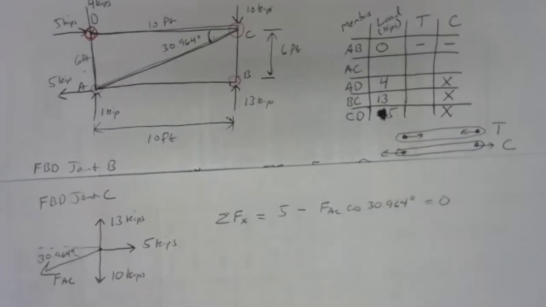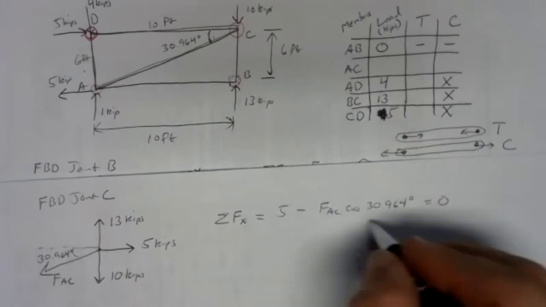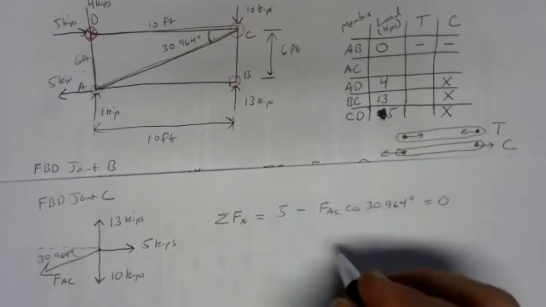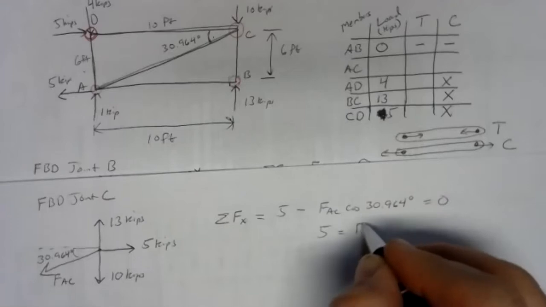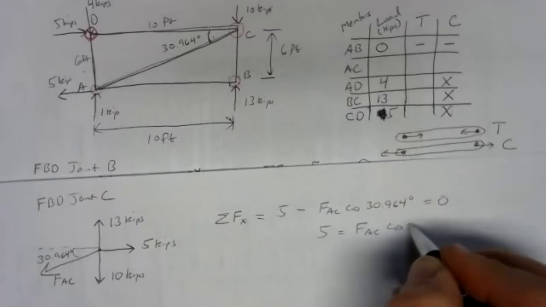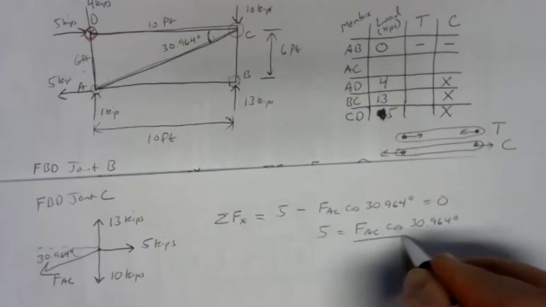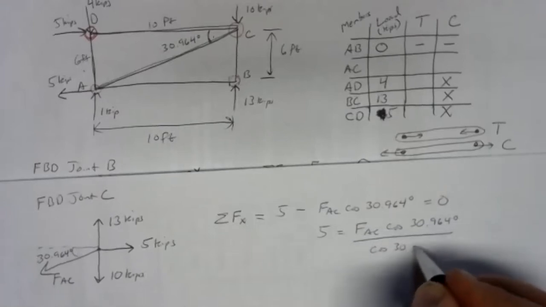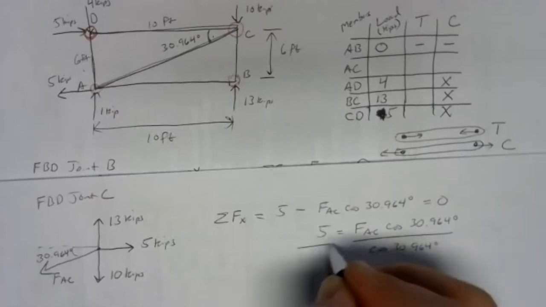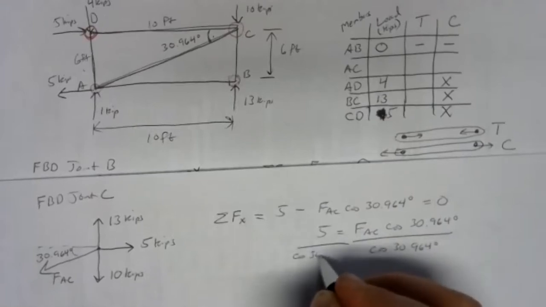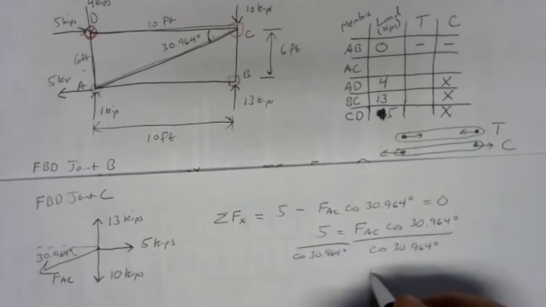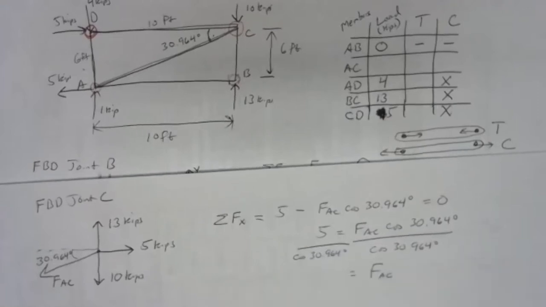And that's not as easy of an equation to solve as we had before, but it's still an equation that's not too bad. If we add FAC cosine of 30.964 to both sides, we get 5 equals FAC cosine 30.964 degrees. If we divide out the cosine, we'll get our value for FAC.